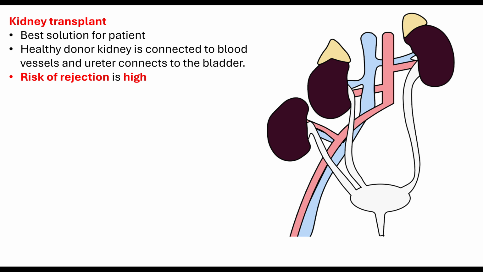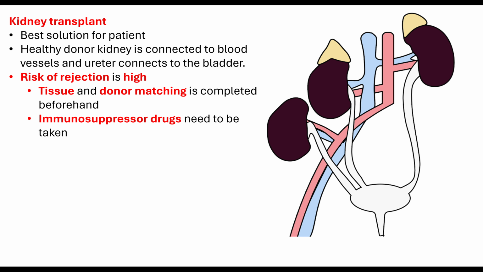Well, to prevent that from happening, what we always do is a tissue and donor matching beforehand, making sure that there is as close a match as possible to limit that risk of rejection. Also, the patient needs to take immunosuppressant drugs.